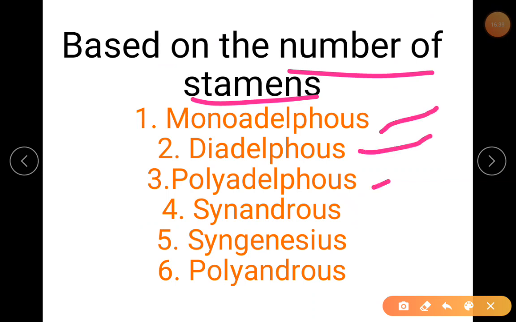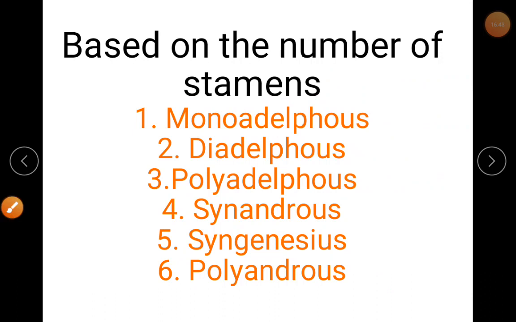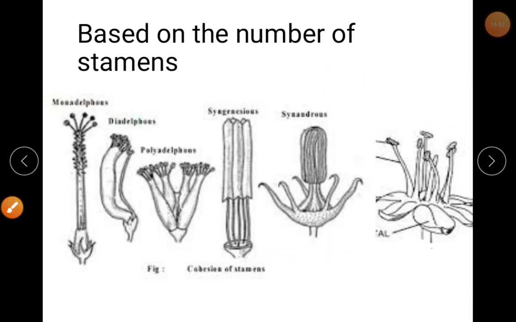monoadelphous, diadelphous, polyadelphous, synandrous, syngenaceous, polyandrous. To understand one by one, first let me tell you, adelphous means bundle formation. Okay, remember that, bundle formation. Look at this.